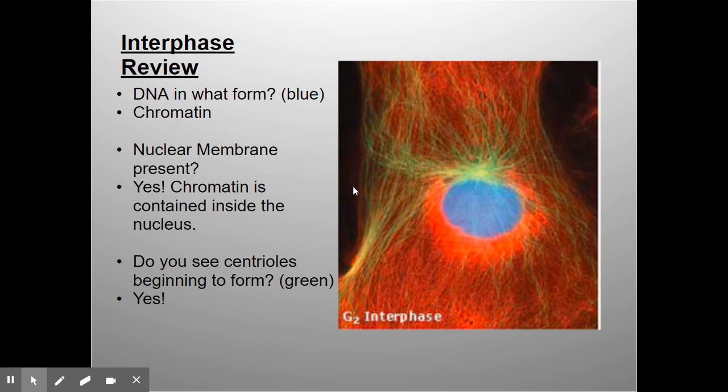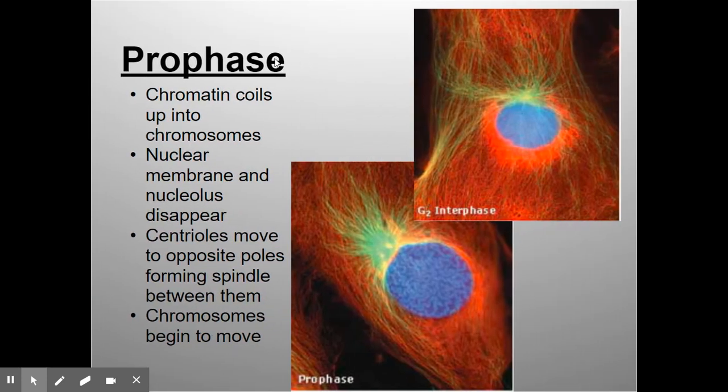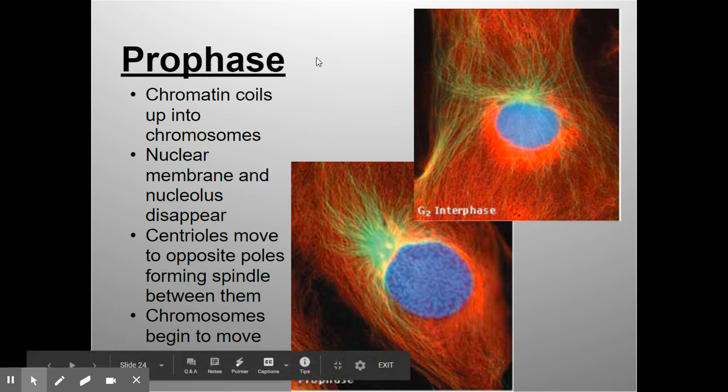As we go on, mitosis is split up into different phases past interphase. The first phase of mitosis is called prophase. Before I keep going, I want to make sure you can tell that I have pictures here and a list of things that happen in each.